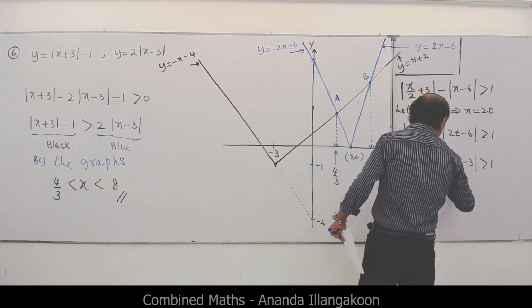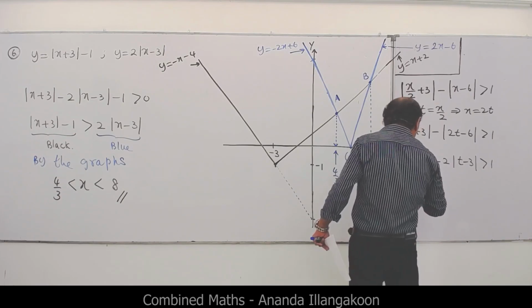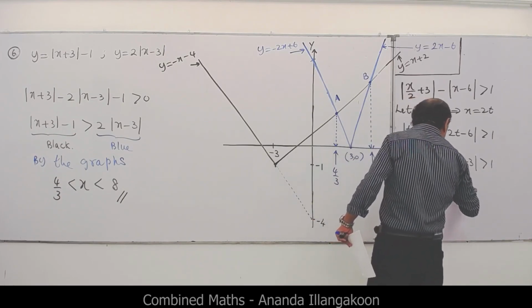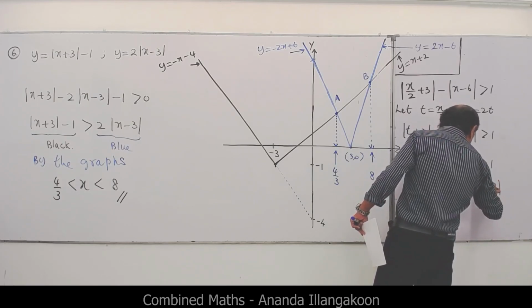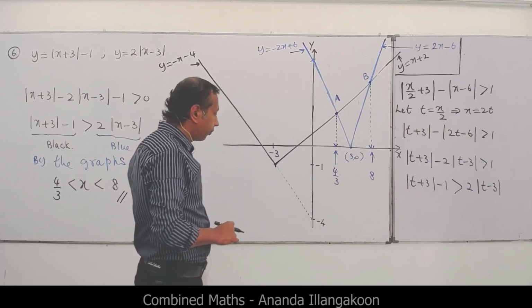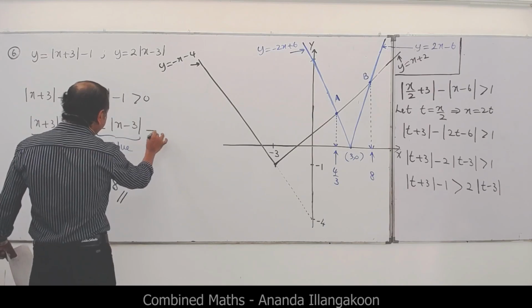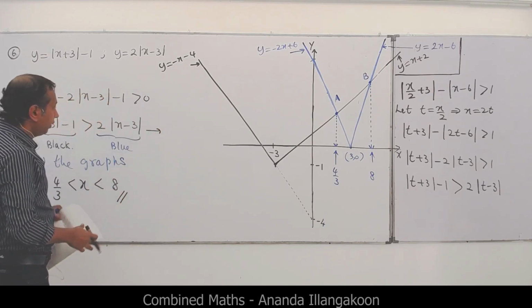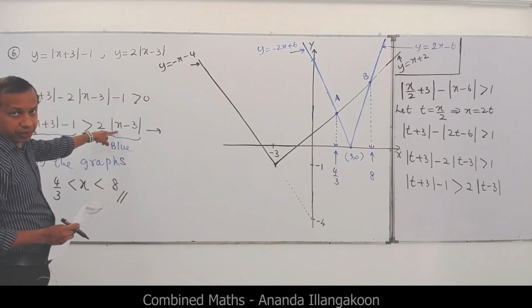Take this one to this side and this to the right hand side. This way we get, then you can see that the inequality is nothing but the same thing as this. The only thing is, in place of x over there we have t.